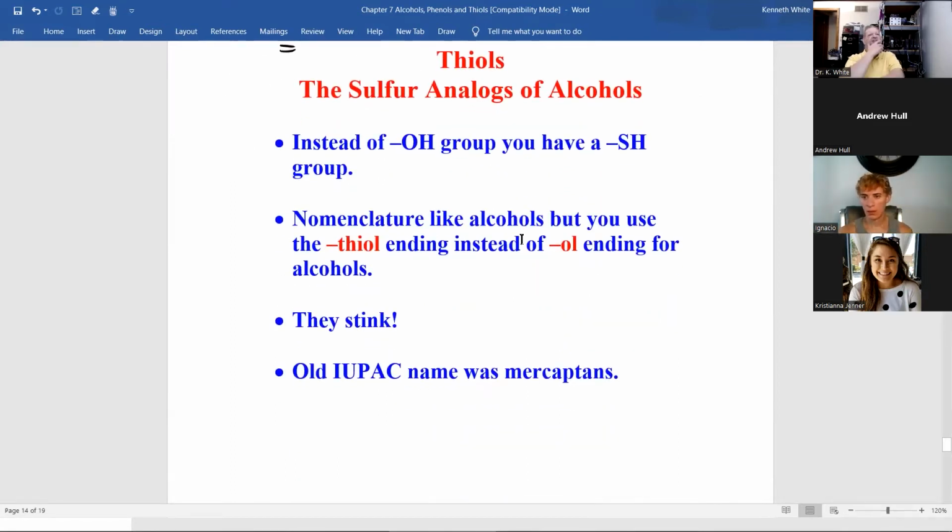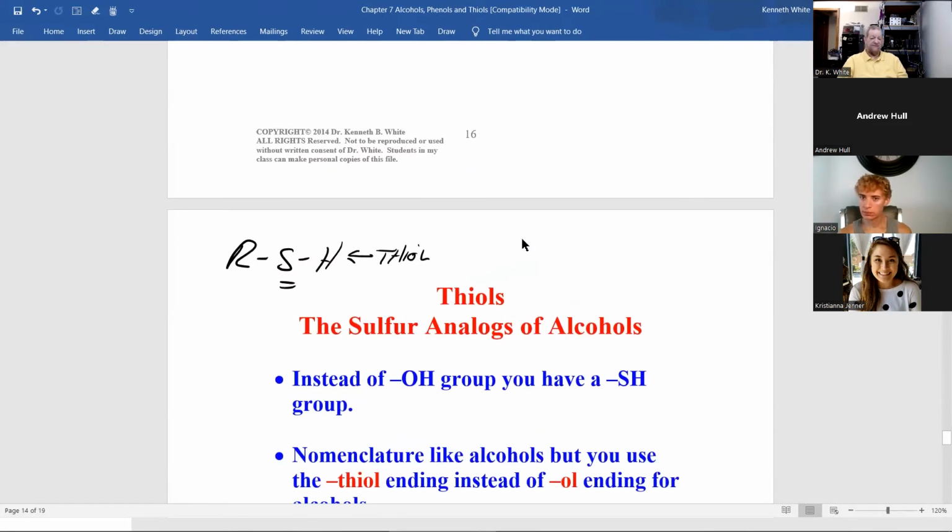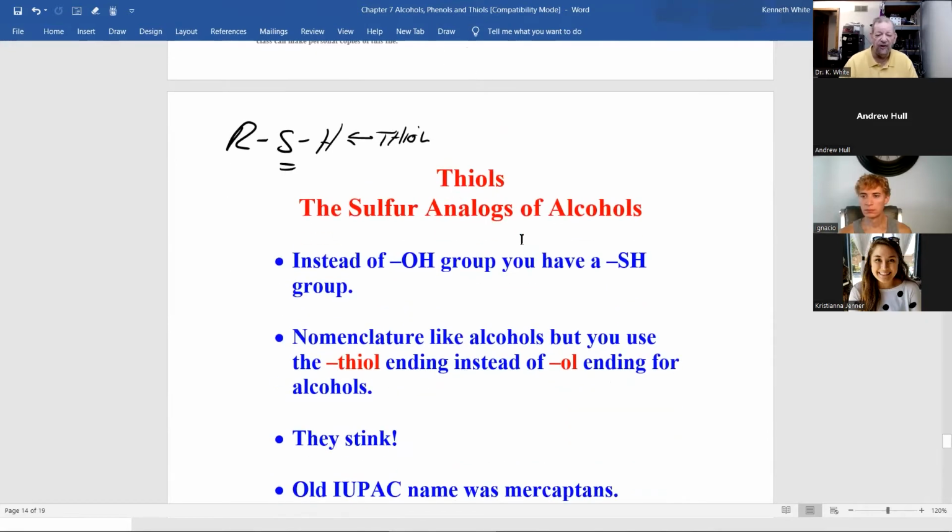Until about 1980, 85, I might be off by a couple of years, the IUPAC name was mercaptan, and they changed it around then to thiol, which is good, but I learned it under mercaptan, and I still think of that.